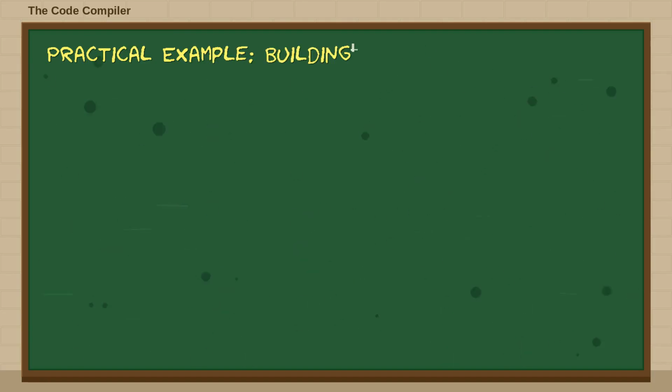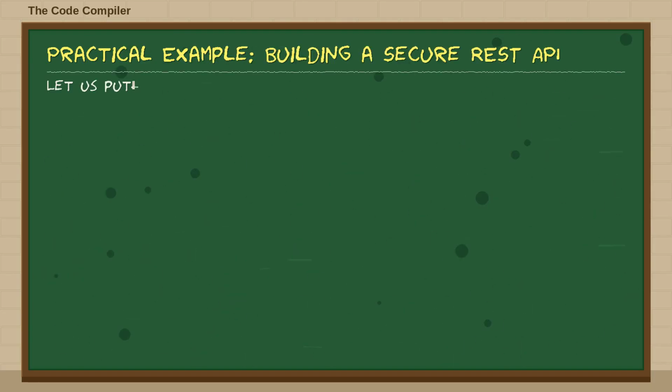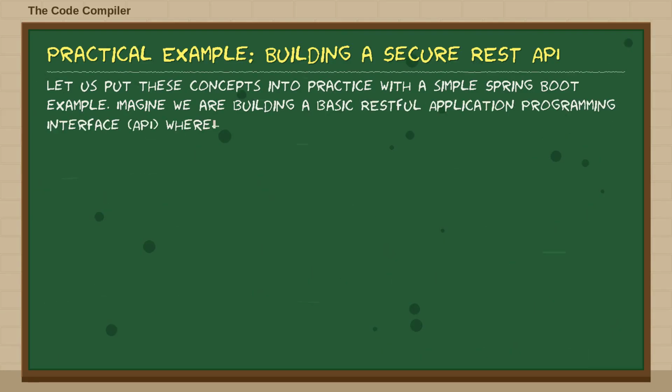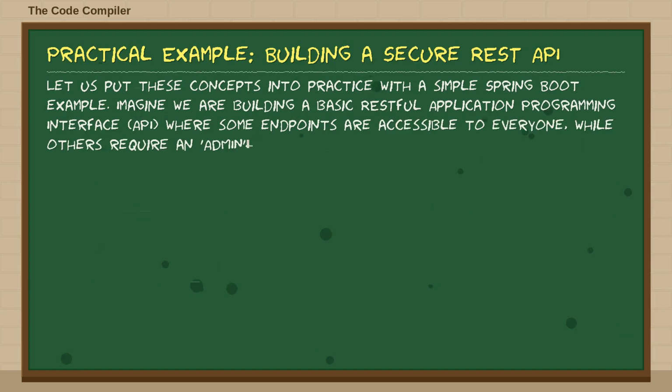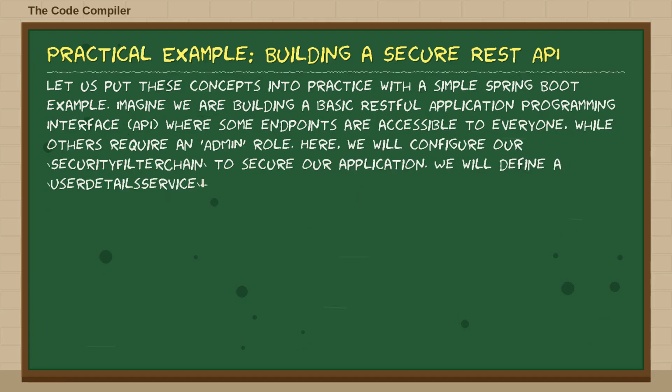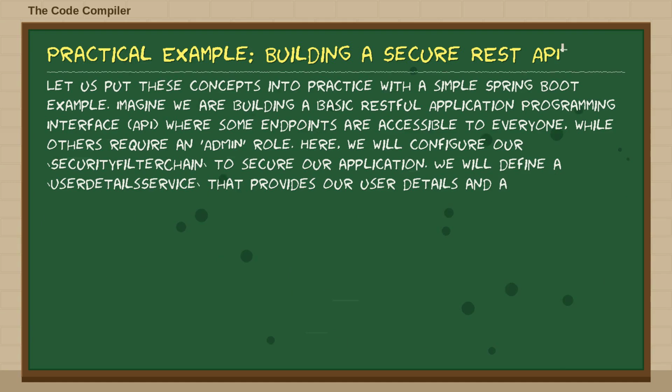Let us put these concepts into practice with a simple Spring Boot example. Imagine we are building a basic RESTful application programming interface, API, where some endpoints are accessible to everyone, while others require an admin role. Here, we will configure our security filter chain to secure our application. We will define a UserDetailsService that provides our user details and a password encoder for secure password handling.